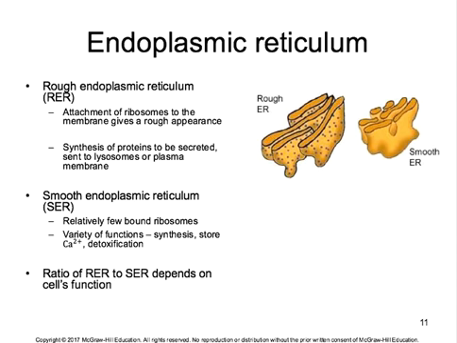And the smooth endoplasmic reticulum, or smooth ER, doesn't have many ribosomes bound to it, so it looks smooth on the outside. And it has a variety of functions. It's really important for making carbohydrates and lipids, but it also stores calcium and is involved in the detoxification of the cell. And the number of rough ERs to smooth ERs, that ratio can change depending on the cell type.